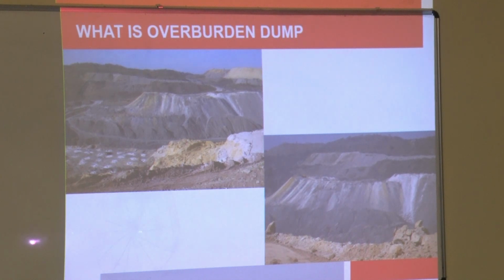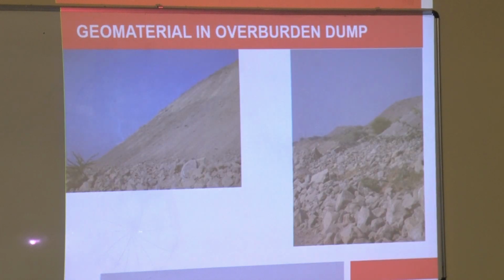Many people are working on that, and we are trying to give some solution to the industry also. These are the kind of features we observe at the base of the dam, because in the dam the material is dumped on the top, so it is observed that the large boulders roll down to the base and the small material stays in the crest.